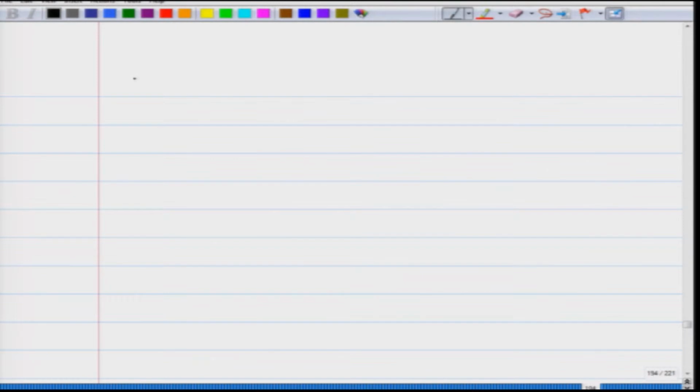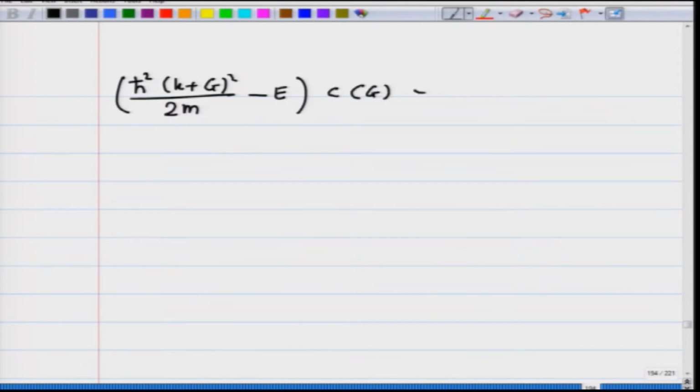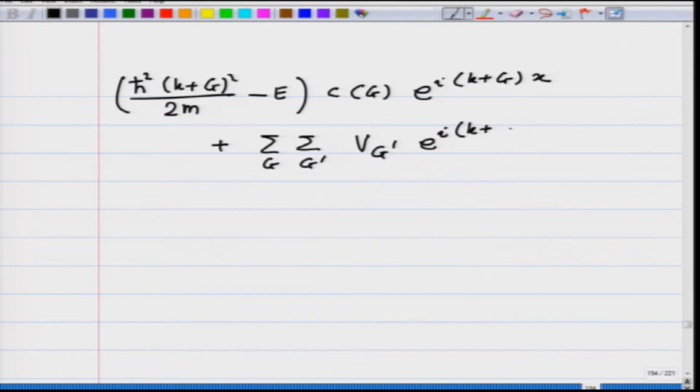So this equation is [ħ²(k+g)²/2m − E] c_g e^{i(k+g)x} plus the summation over g and g' of V_g' e^{i(k+g'+g)x} c_g equals 0. This is also a summation over g.